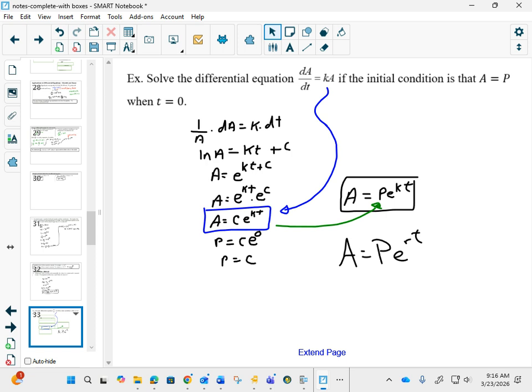So if you knew the shortcuts in this question, you would only have to write the blue box, and then you could go directly to the answer. If you're afraid you'll forget those things, you can still do the process of separation of variables, and then solve for C by plugging in 0, and write your final answer down.